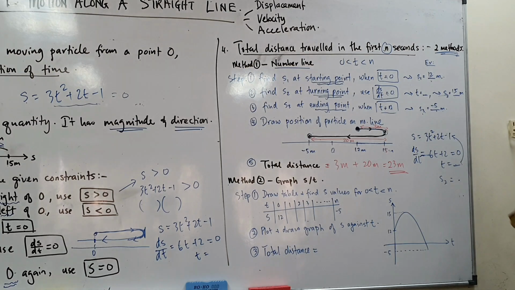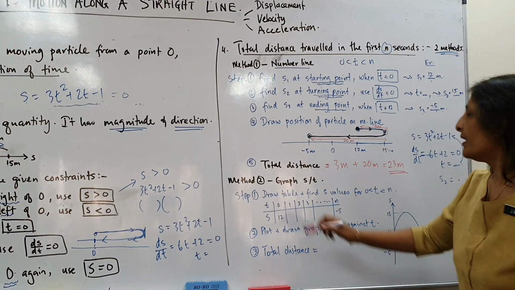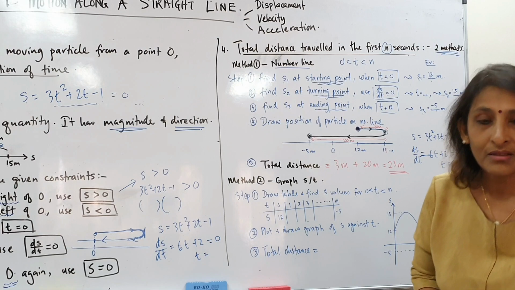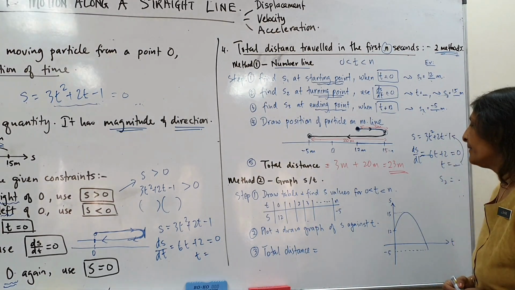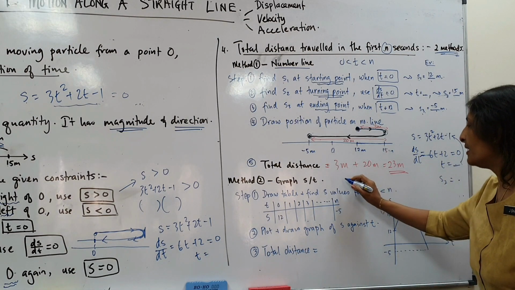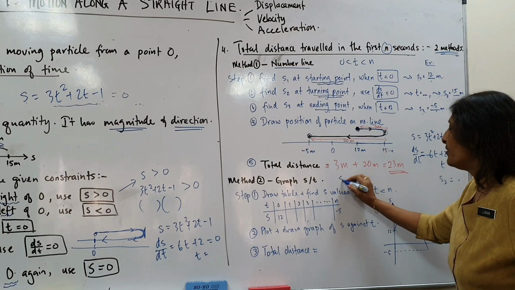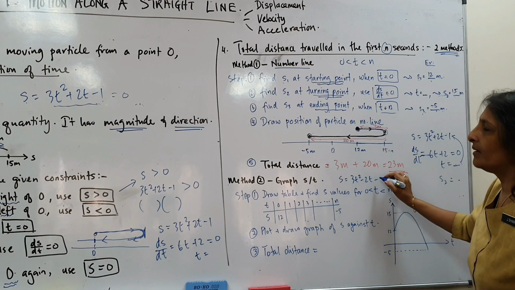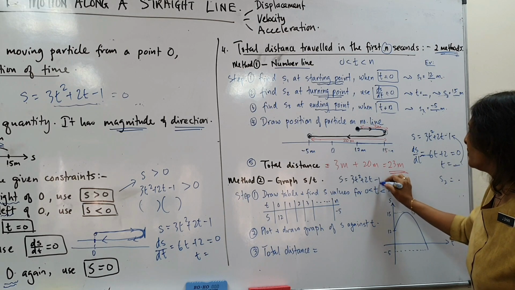Now, the second method. We have two methods of doing this total distance traveled. The second method is the graph method. You need to draw the graph of s versus t. You would be given the formula. Let's say they gave you s equals 3t square minus 2t plus 2t minus 1.